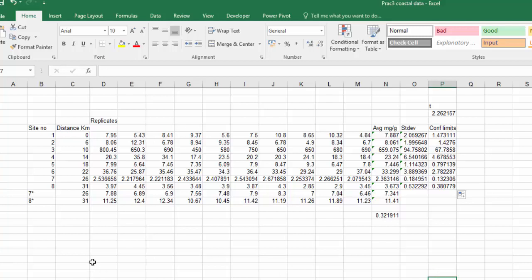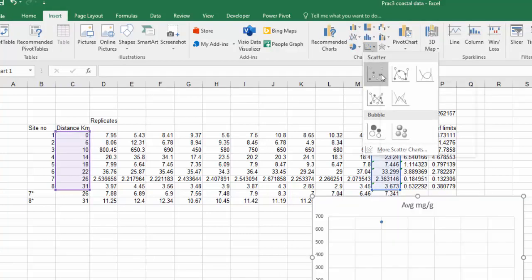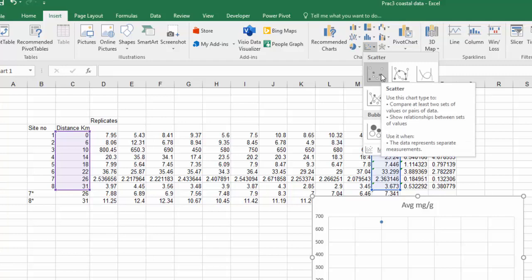So to do that, we highlight the independent variable, which is distance in this case, and then highlight the dependent variable by holding down Control. And then insert a graph, and we should choose a scatter plot because that has a meaningful x-axis and a meaningful y-axis.